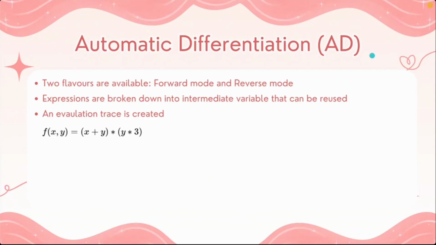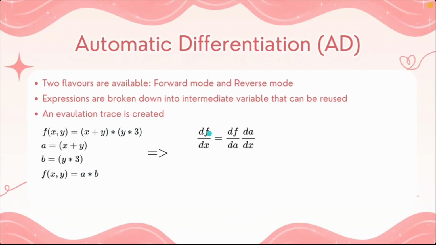Let's say you have a multivariate function. It's dependent on x as well as y. What you do is you convert x plus y into an intermediate representation, which is called a. Then you do the same for y times 3, which is b. And then the function is defined as a multiplied by b.